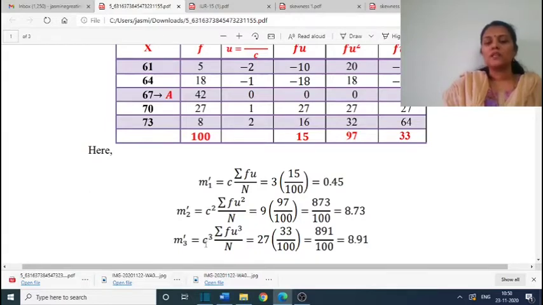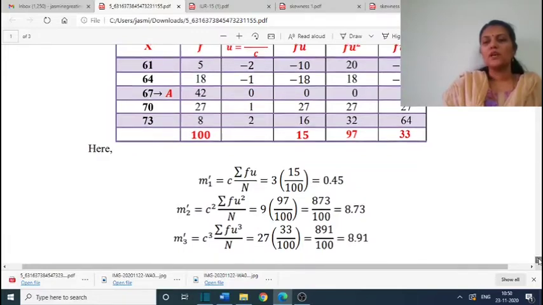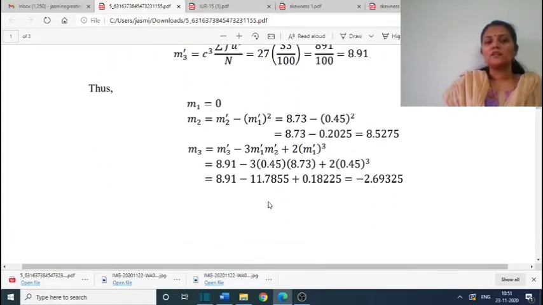Now m3 dash is equal to c cube sigma fu cube by n. C is 3, cube is 27, sigma fu cube is 33 by 100, so we have 891 by 100, which is equal to 8.91.